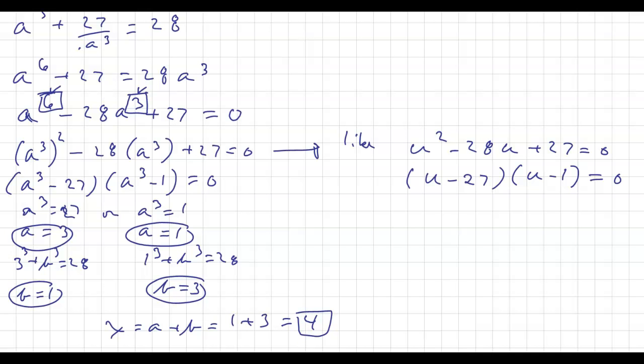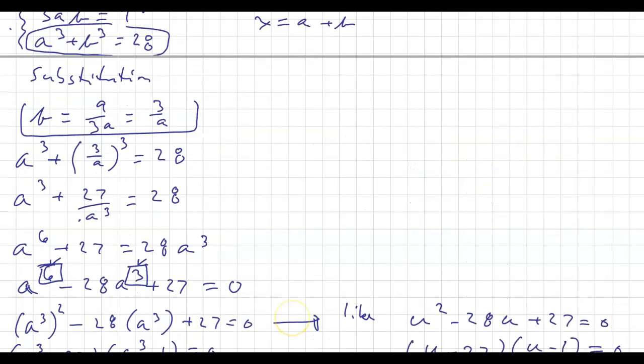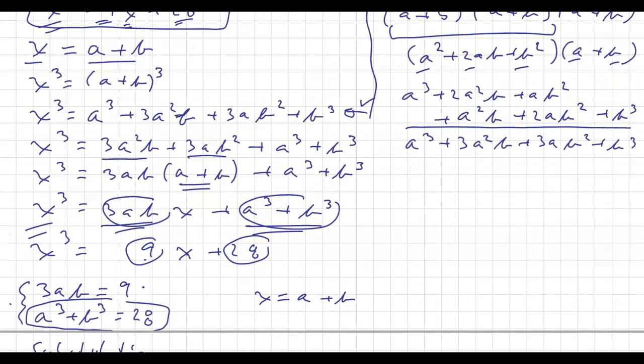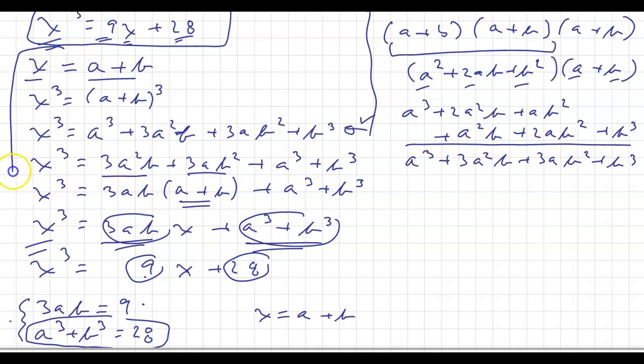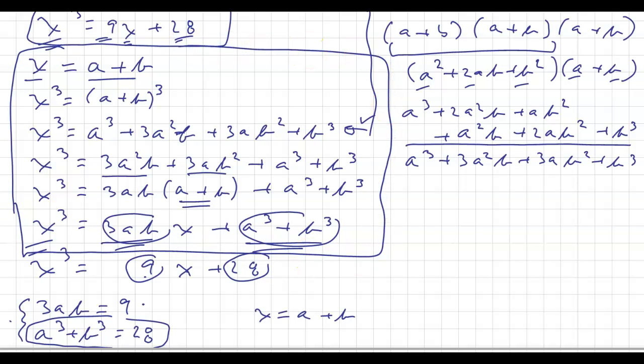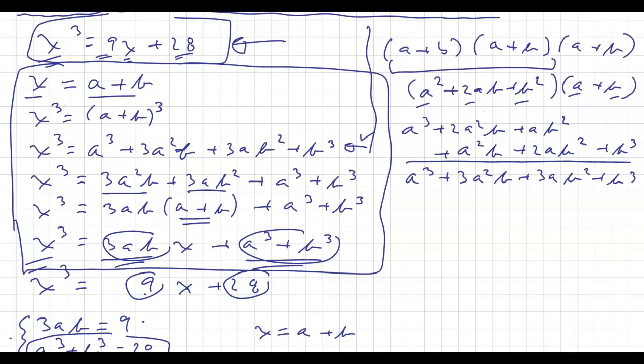So this is a very long way of doing it, using the system of equations. This here is like a one-time demonstration about why you could solve equations like this by creating a system of equations.